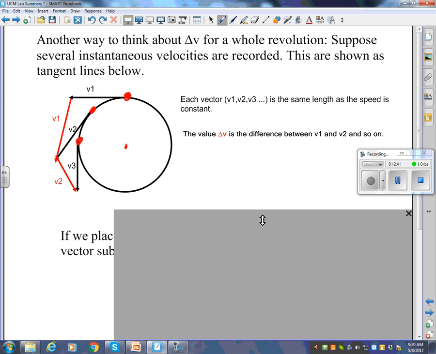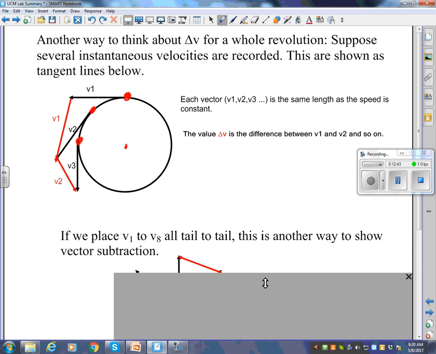Now, if you place v1, v2, v3, all the way up to 8, if you take all these black ones, and instead of putting them on the circle, you place them all tail to tail, and those should all be the same length, by the way, that's another way of geometrically showing vector subtraction.